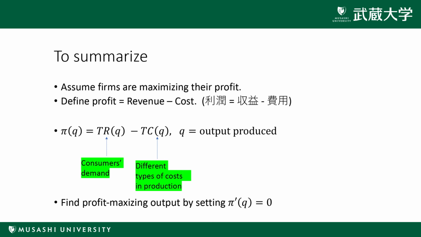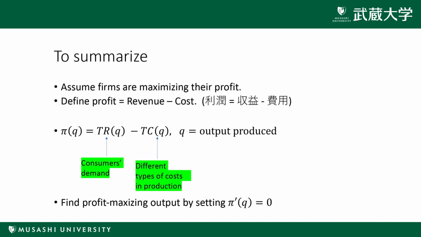Then we use the mathematical way to generate the same answers by defining the revenue function and the cost function. The revenue function in business terms is related to how consumers are willing to pay for your product, so it's related to consumers' demand. Whereas cost is related to your fixed cost, your variable cost, all kinds of costs incurred in production.